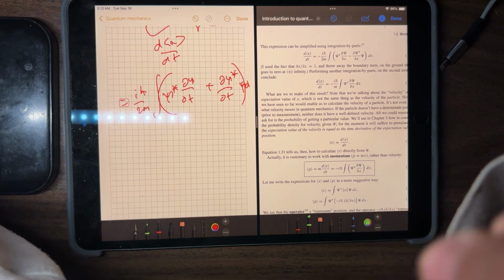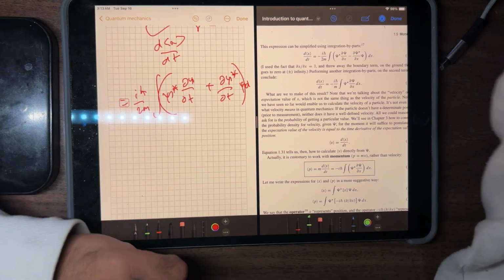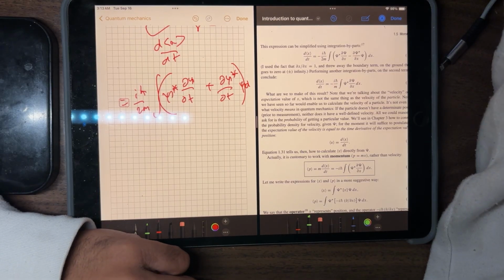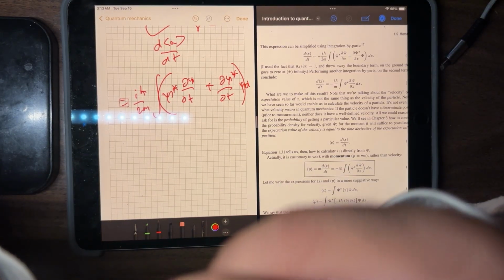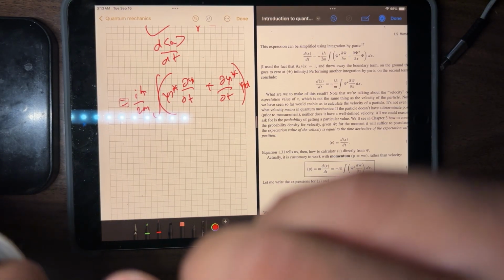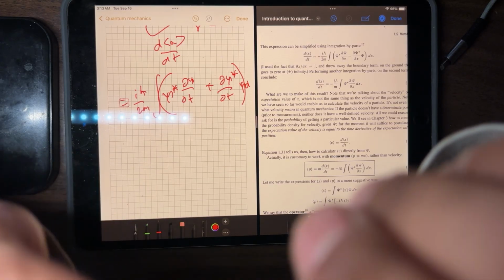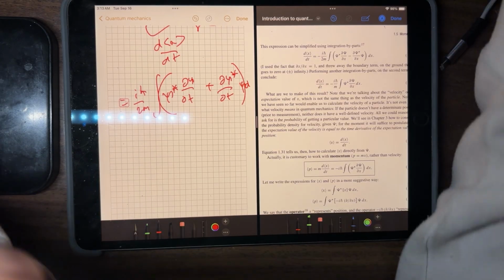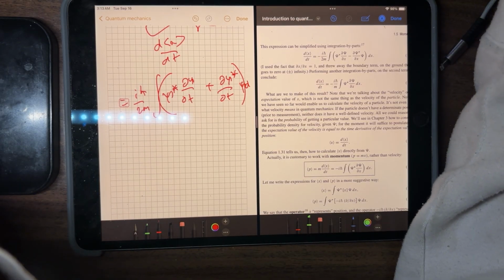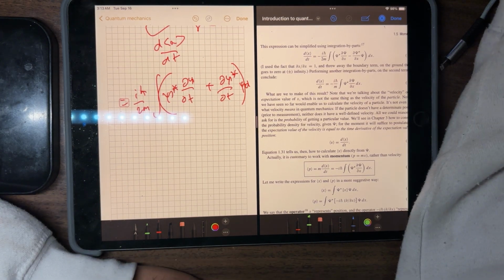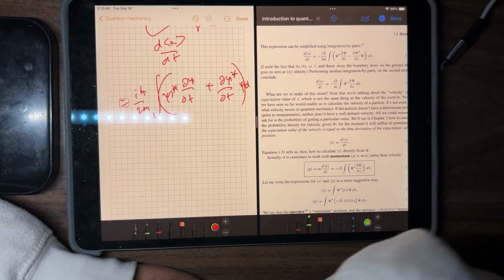So d/dt of the expectation value of x, that's fine. We take the integration of f times g double prime, which would be fg prime bracket. It's not working anymore.